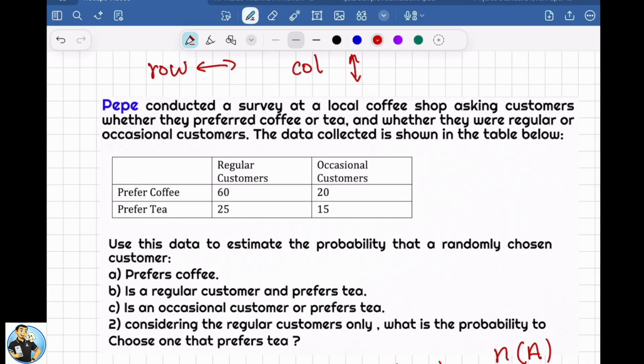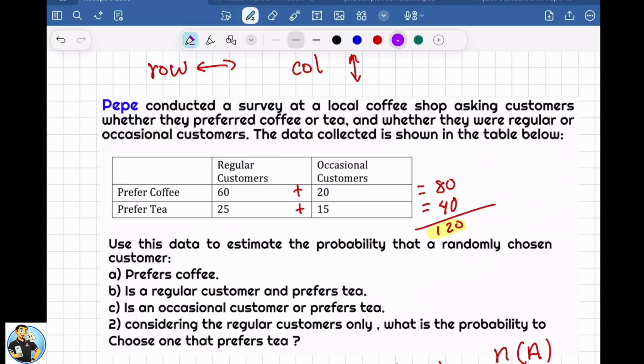We can sum the rows like this: 60 plus 20, obviously this is 80. 25 plus 15 is 40. Then we sum these, 120. This 120 represents the total number of customers, the total number of results. Or if you want, you can use the columns.